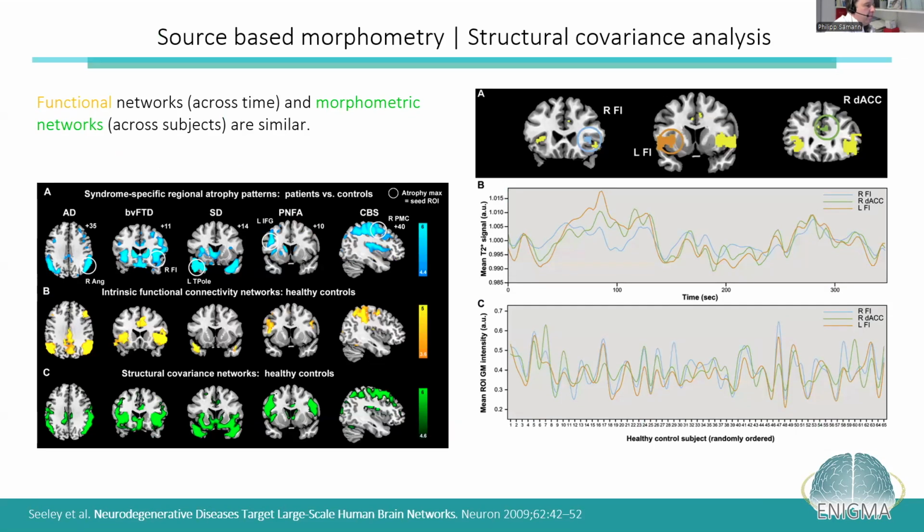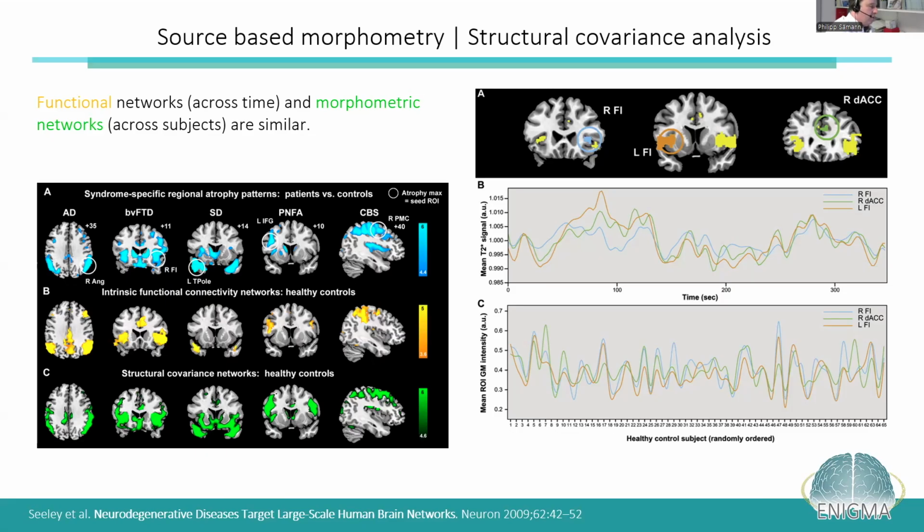And here I've kind of smuggled in a newer analysis technique that's also using more complex three-dimensional information, in this case, information from networks. This analysis is referred to as structural covariance analysis.